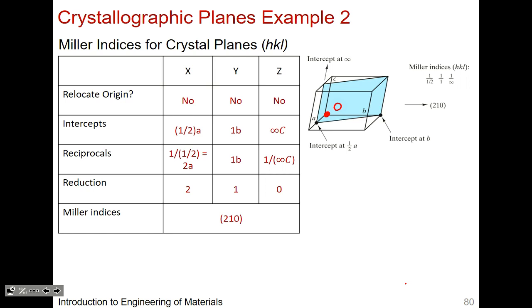So where does the plane intercept x? Well, it didn't before, it intercepted over here, right? But for this particular case, it intercepts at halfway. Now, I eyeballed it, and it looks halfway.